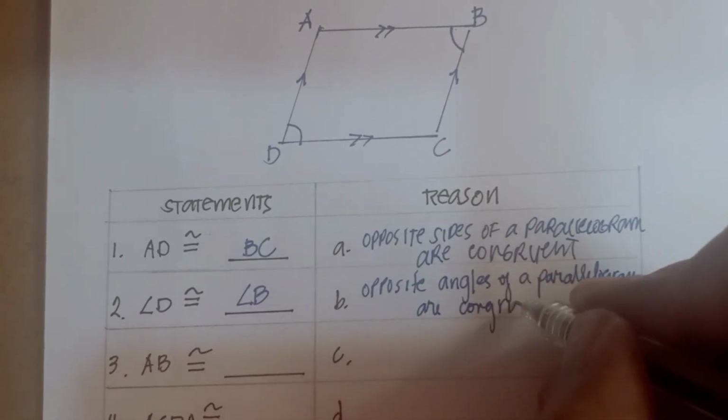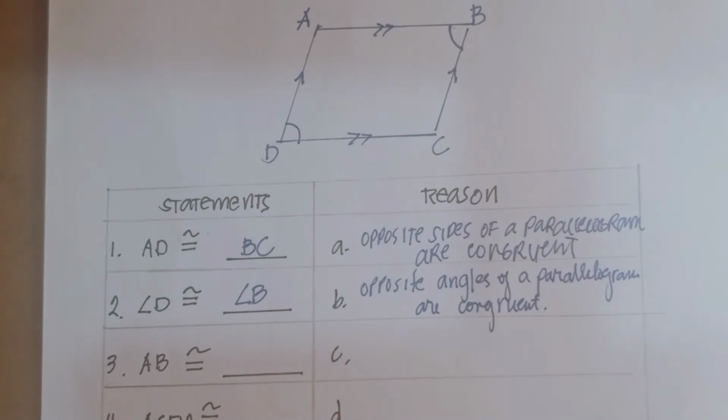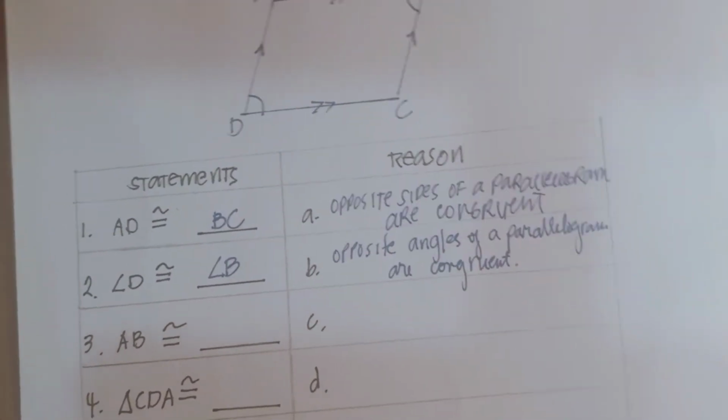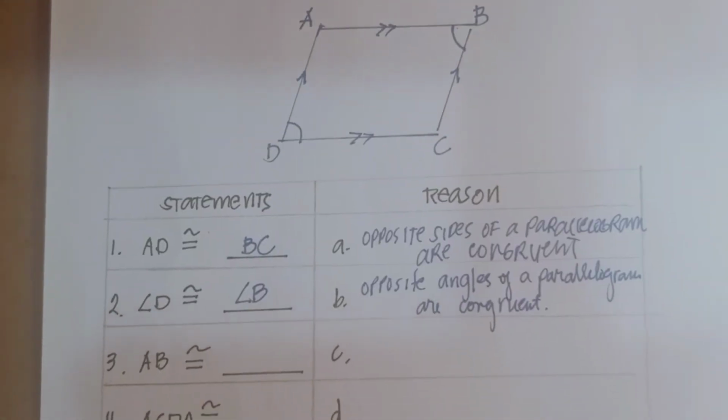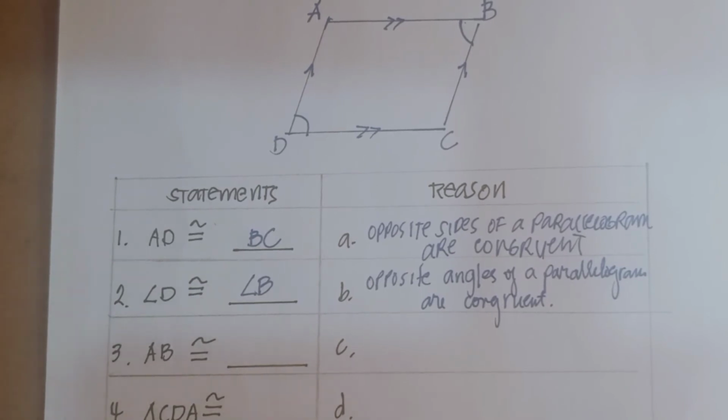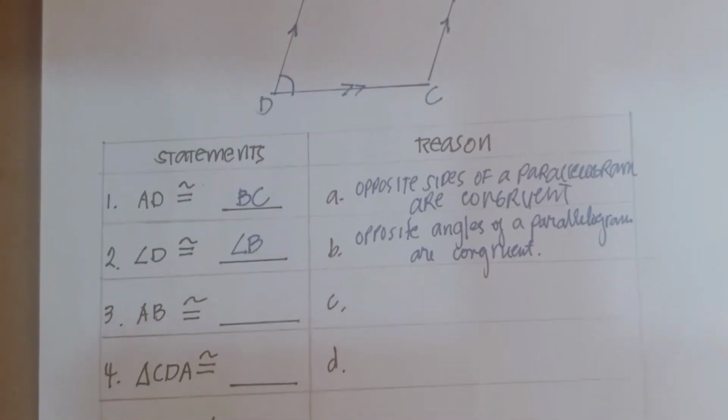Ayan. Opposite angles of parallelogram are congruent while the consecutive angles are supplementary. Okay, next.